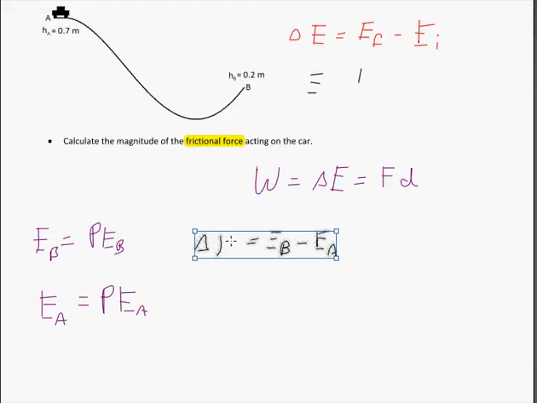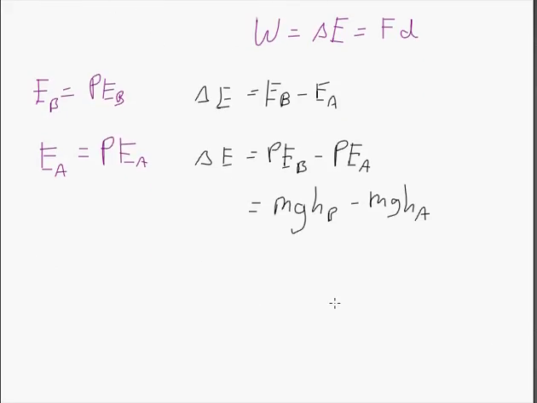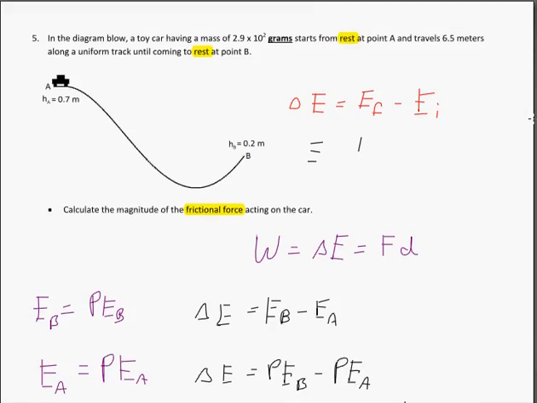When we have this, now we're going to plug in these values. So what we get is our delta E is going to equal PEB minus PEA. And that's going to be equal to mghb minus mgha. And then simply you're going to remember that the mass is this value right here.